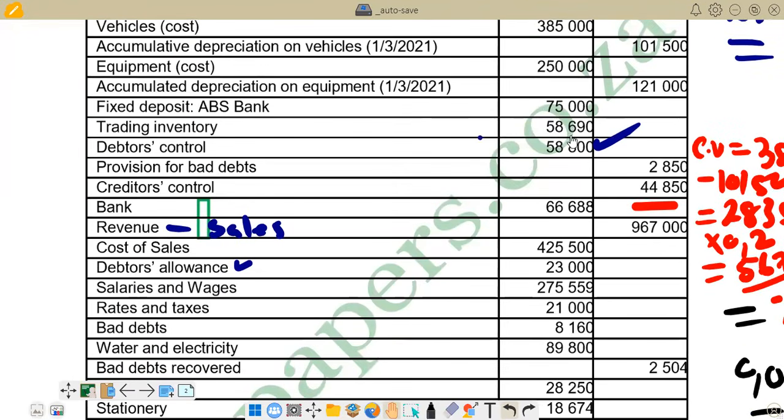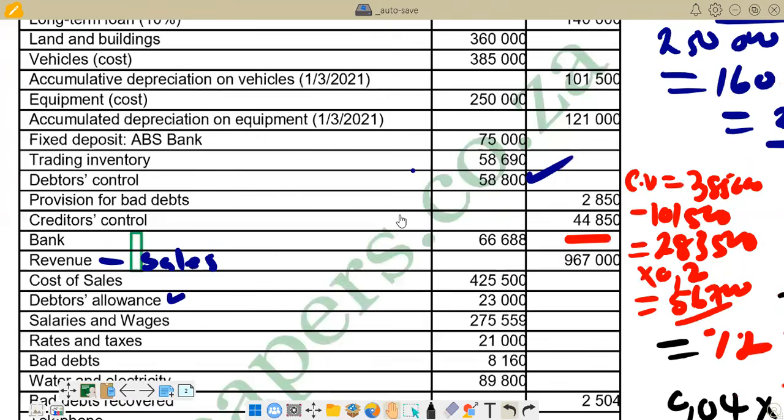Trading inventory is this one, 58,690. Then you subtract the 9,000. So let's calculate that one, 58,690, then we subtract the 9,000. Then you get 49,690.